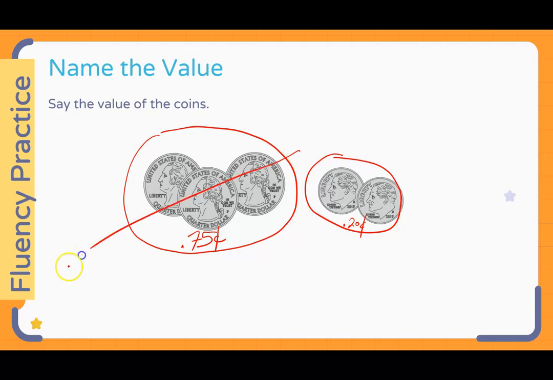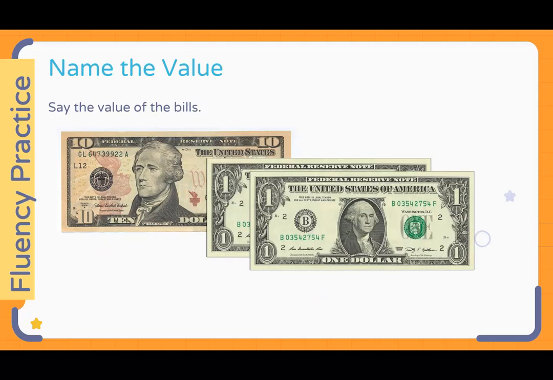So I have 75, 85, 95. 95 cents. Okay. Now I have dollars. I have a $10 bill and two $1 bills. So 10, 11, 12. $12.